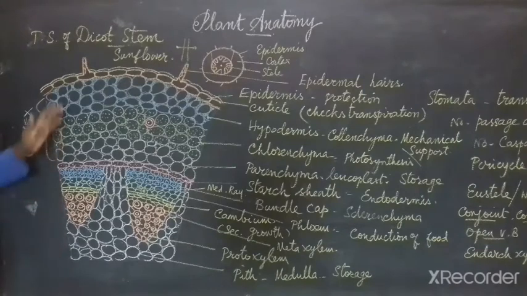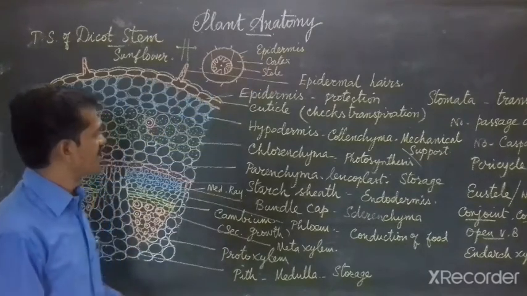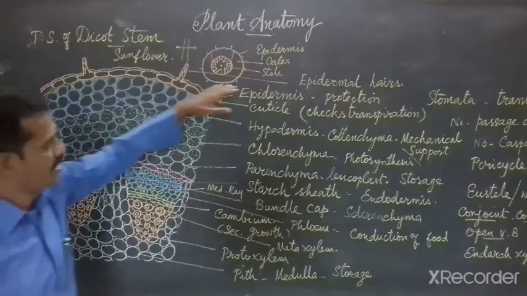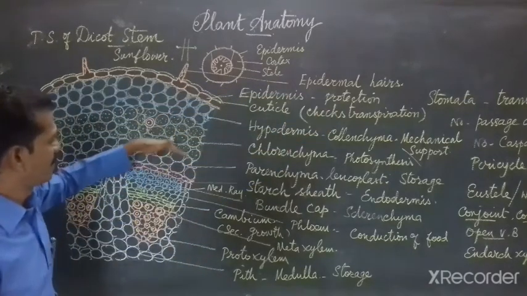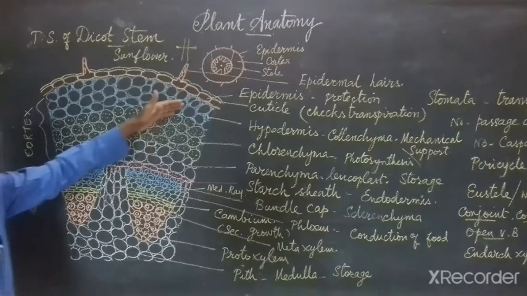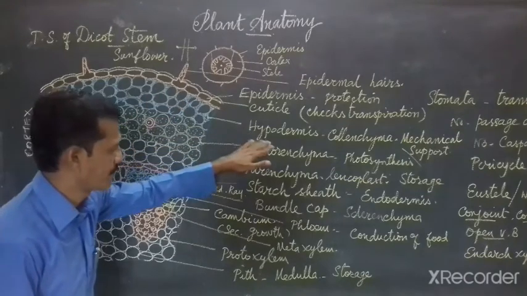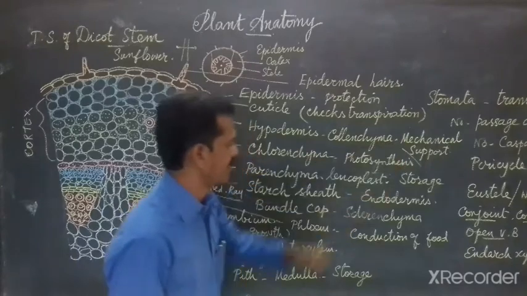So the sector enlarged portion is used to explain the epidermis, cortex and stele regions. The outermost layer is the epidermis, which is involved in protection, and below the epidermis there are three regions formed, which are collectively called the cortex. Below the epidermis is the hypodermis made up of parenchyma cells which provide mechanical support.